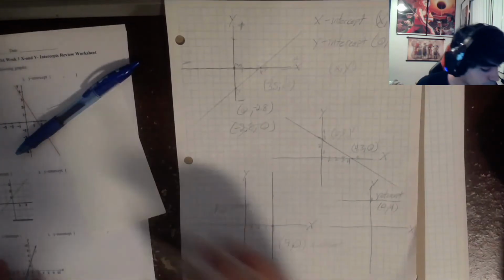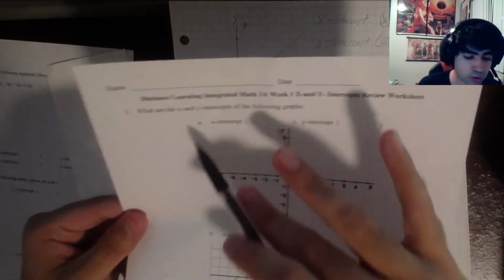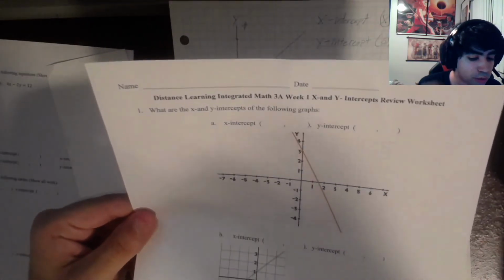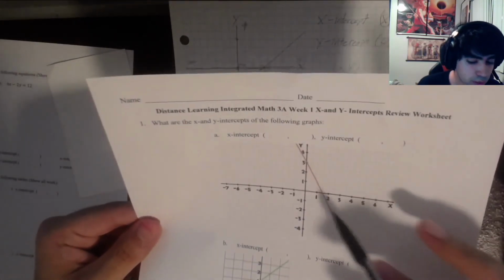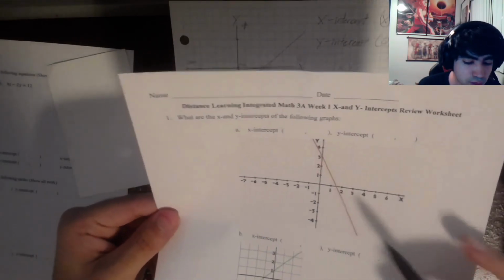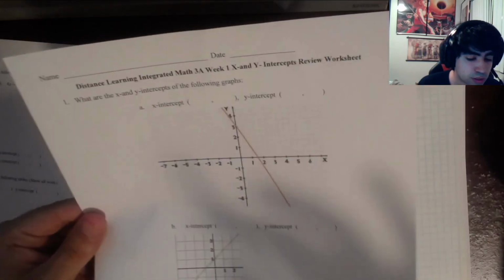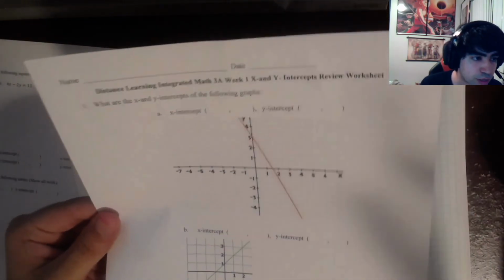So I hope you can do these problems. Again, the x-intercept is always going to be on the x-axis. And what is the y value at the x-axis? It's always 0. And that's how we find the x-intercept. It's always the x value, comma 0.